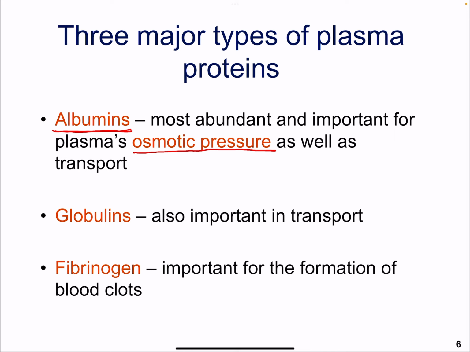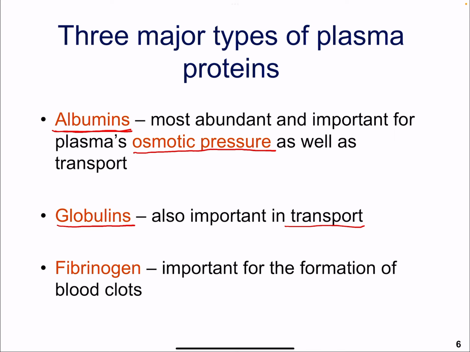Then the next most abundant protein in the plasma is going to be the globulins. The globulins play a very important role in the transport of chemicals through the body, right?